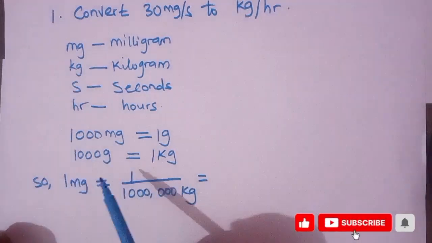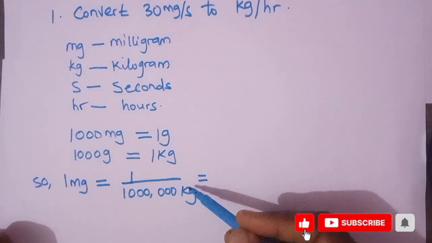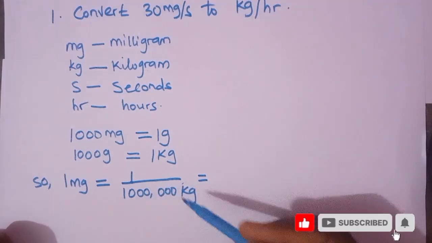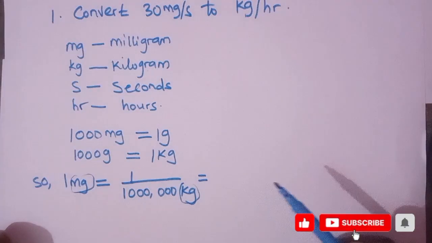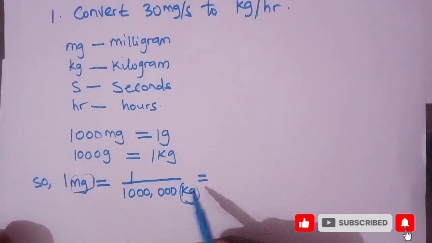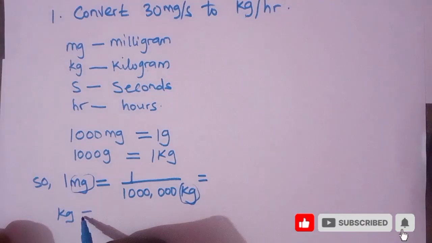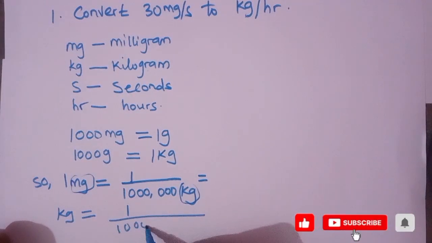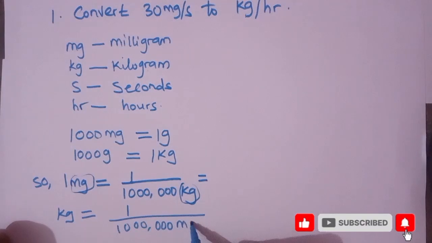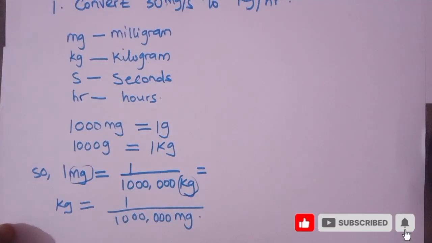Remember, we are converting milligram to kilogram. So what are we going to do? This kilogram becomes the subject of formula. So we now have 1 over 1 million milligram. Once we have gotten our kilogram, that means we are good to go.